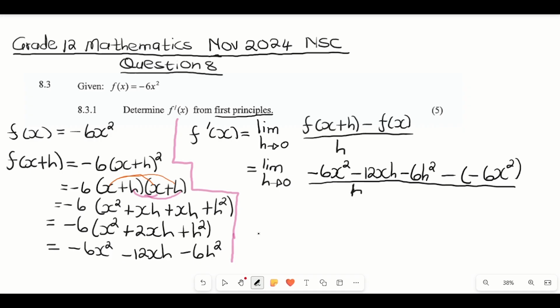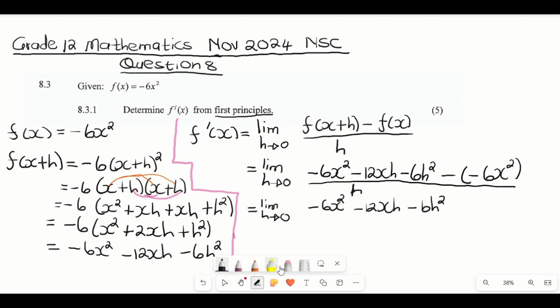And then next step equals the limit as h approaches 0. We have minus 6x squared minus 12xh minus 6h squared.